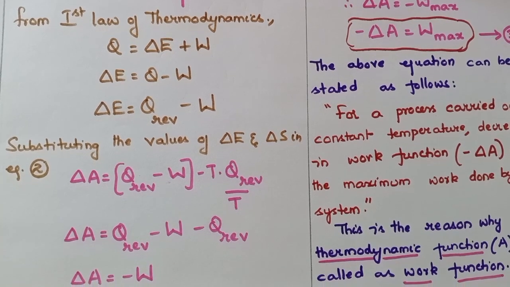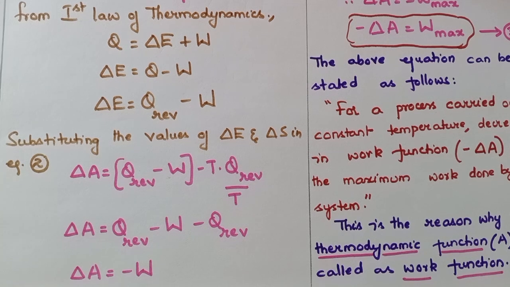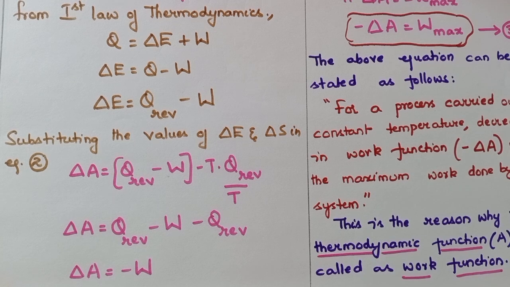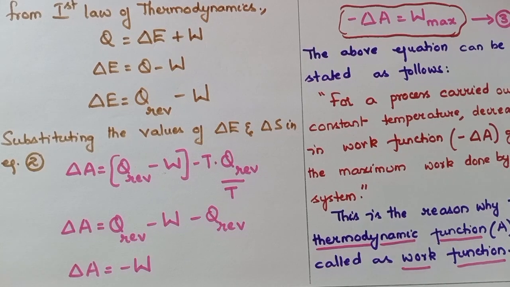So, delta A is equal to Q reversible minus W minus Q reversible. Q reversible minus Q reversible both get cancelled. So, what remains? Delta A is equal to minus W. Okay. Now we considered that the change is taking place reversibly at constant temperature.